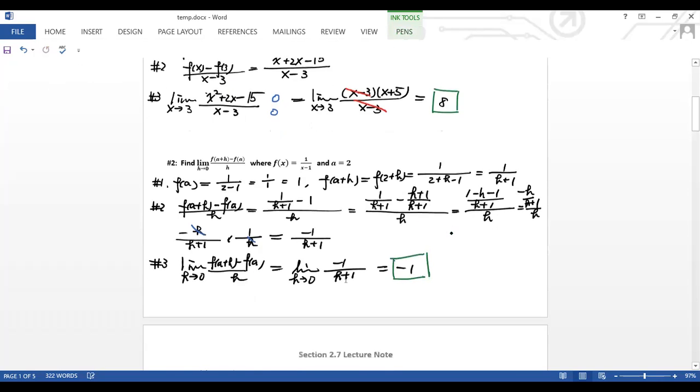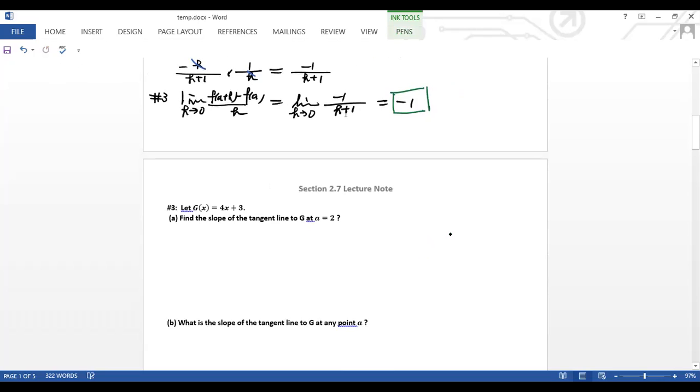Okay, now let's take a look at the next one. We did a lot of these practices here, right? This one says g of x equals 4x plus 3. Find the slope of the tangent line at a equal to 2. Okay, so let's use the first definition here, right? It doesn't matter which definition. Let's say g of a, so that means 4 times 2 plus 3 is equal to 11, all right?